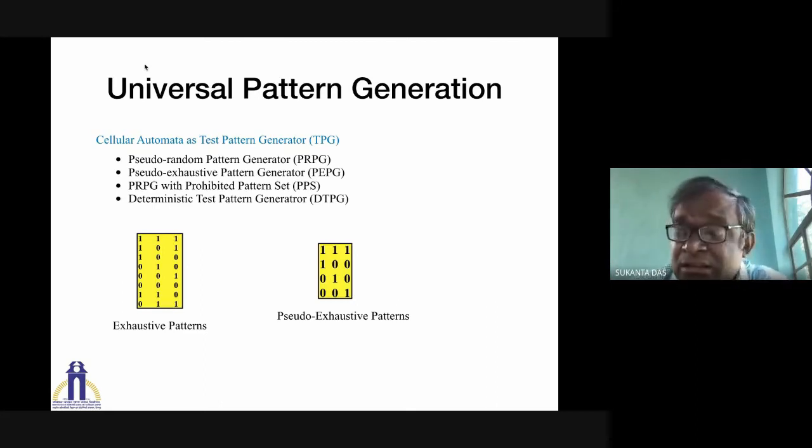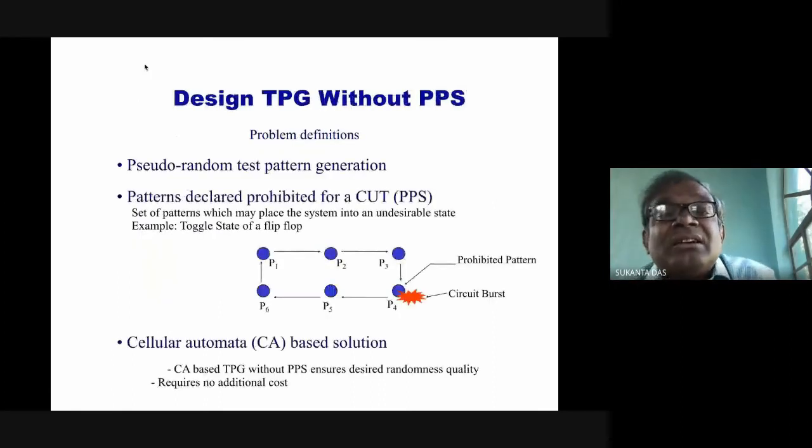Now, next, I am saying a different way. See, TPG, test pattern generator without PPS. Just now I have said what PPS is, prohibited pattern set. This is interesting, so I shall give you a brief idea about this one. This is very interesting.